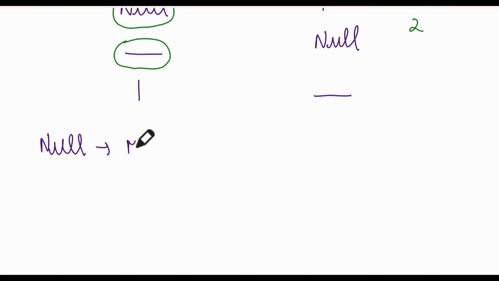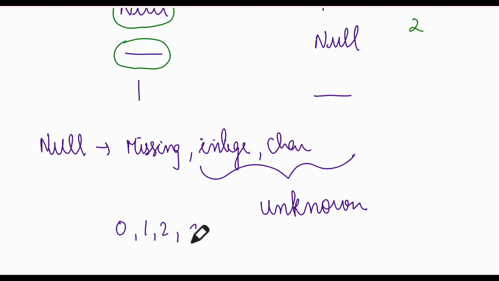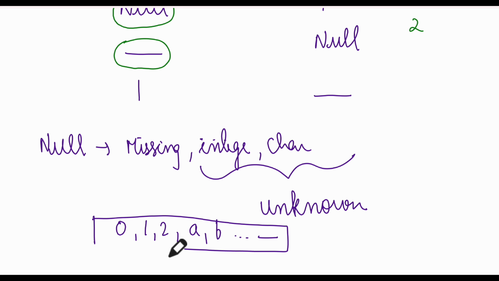It could be a missing value, it could be an integer, it could be a character or anything, but the main thing is that this value is unknown to us. So for example, a null in the backend could be a 0, or a 1, or a 2, it could be A, could be B, or could be a missing value. Whenever null is mentioned, it means that it could be any of these values.